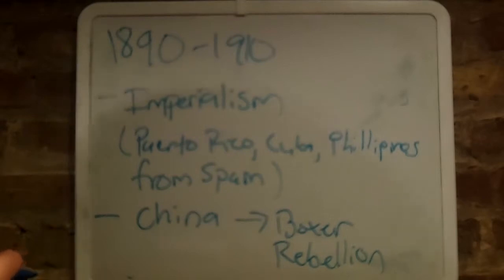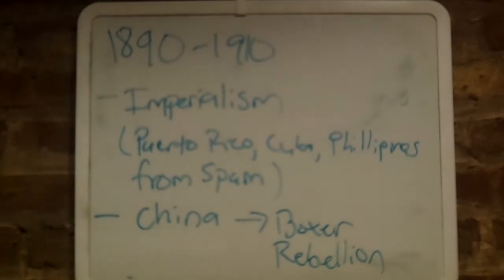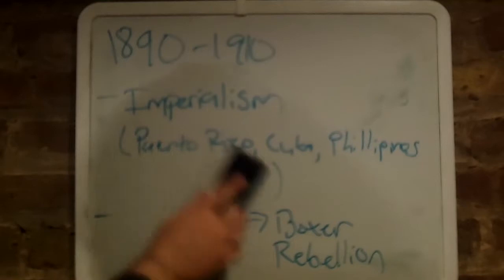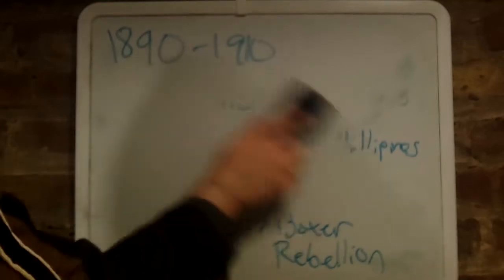They were unsuccessful, and foreign domination of China continued more or less all the way up through World War II. That's a story for another video. The history of China, at least.